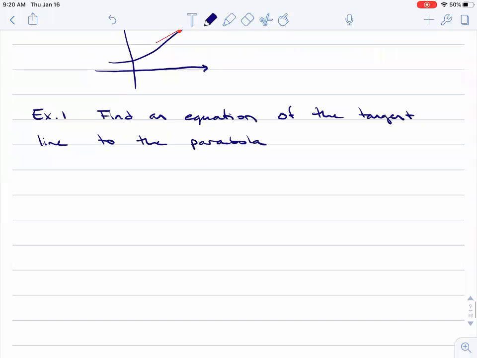Just starting off small, something that we know what it looks like, y equals x squared, at the point P, which is going to be at (1, 1), right? Are you guys familiar with that kind of point notation, right? So we're going to call that point P, and that's at (1, 1), and that's on the curve, right? Because if x is 1, right, then x squared is going to be 1 squared, which is also 1, right? So it is on that curve.